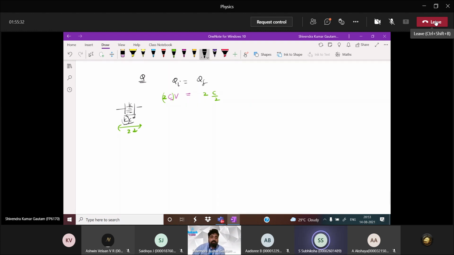New capacitance will become what? C by 2. Or it depends on the question whether initially it is A epsilon. Now if the dielectric is also removed, or a new dielectric is inserted, suppose with dielectric constant 4, tell me what new potential you will get. Will V dash be V or not?